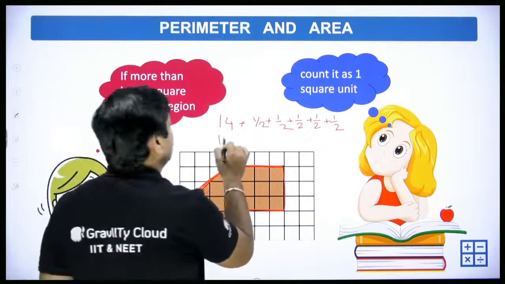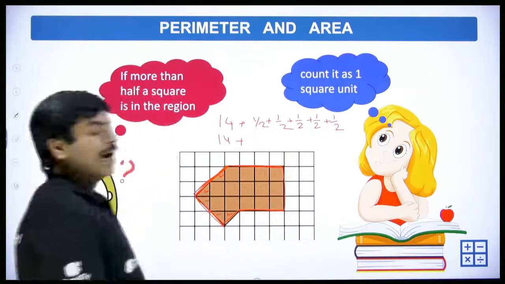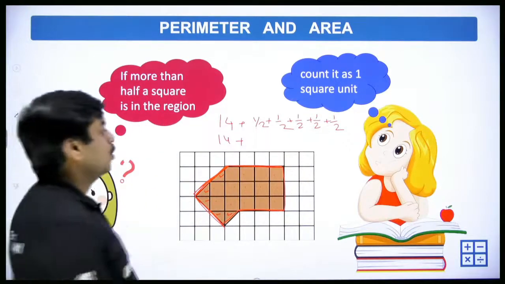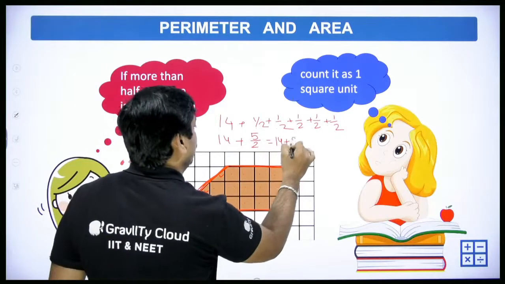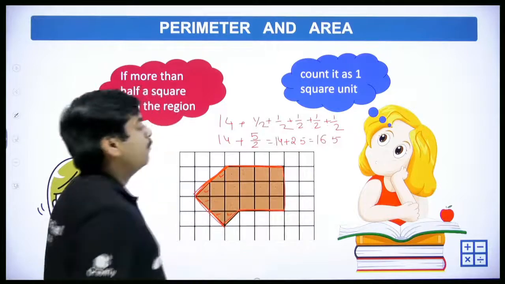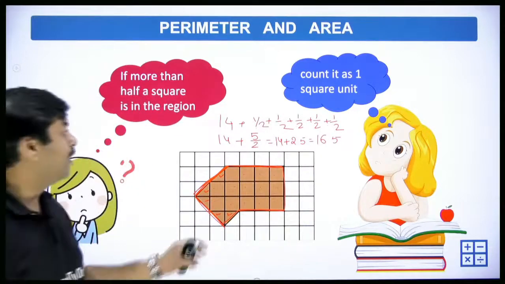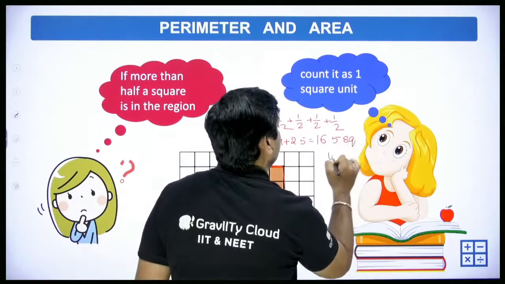So 14 plus 1 by 2, 1 by 2, 1 by 2, 1 by 2, 1 by 2 will get 5 by 2. 14 plus 5 by 2, which is 14 plus 2.5, which is 16.5, right? The area we should always write in square units.